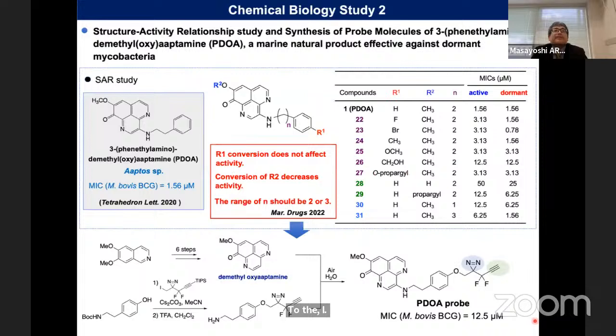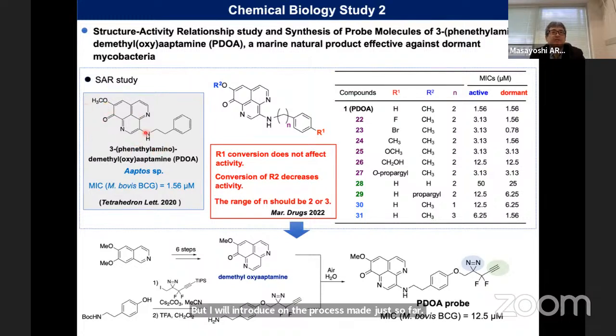This is target identification of PDOA, another antimicrobial compound effective against dormant mycobacteria. The identification of the target molecule of PDOA has not been achieved yet, actually, but I will introduce the process made thus far.